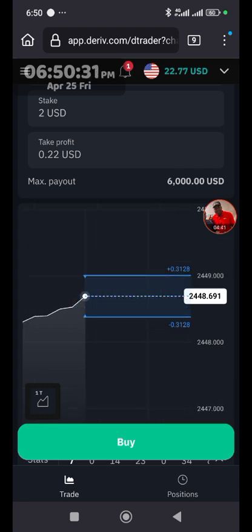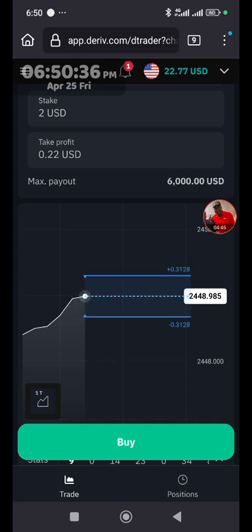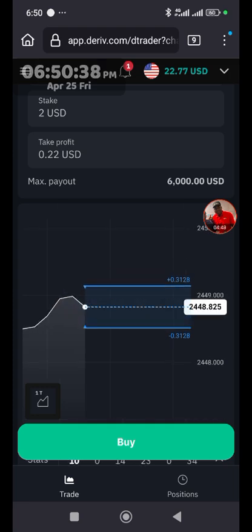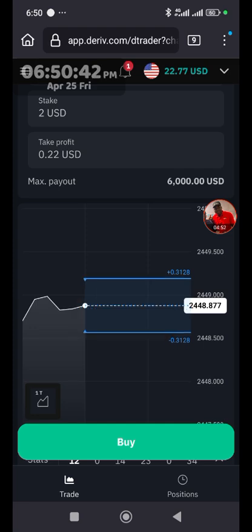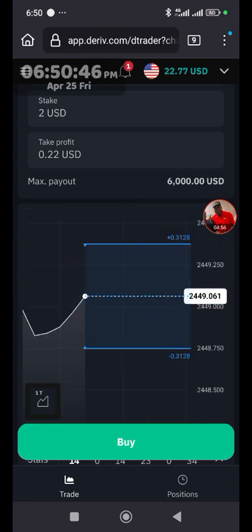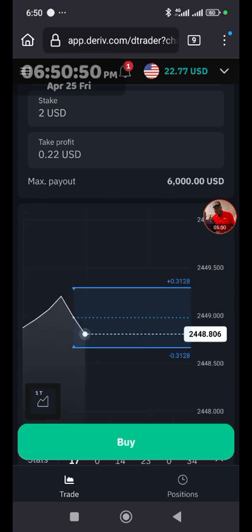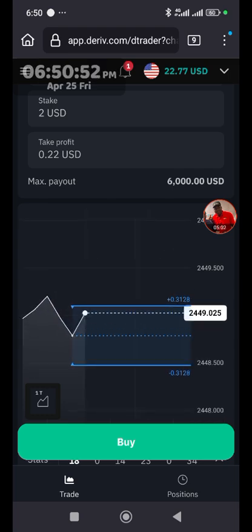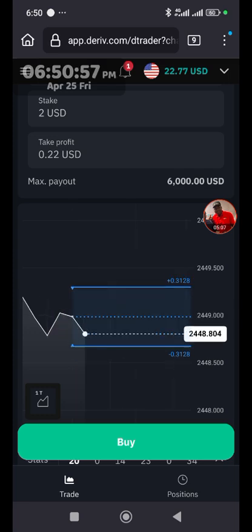Once it's more, it means you will lose. So if you're staking $2, and while you are waiting for those small movements, it crosses that blue line, you automatically lose the trade. But if it stays within the line, you automatically win the trade. I'm only trading this one for like 9 to 12%.